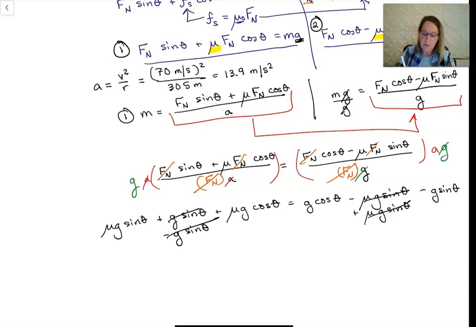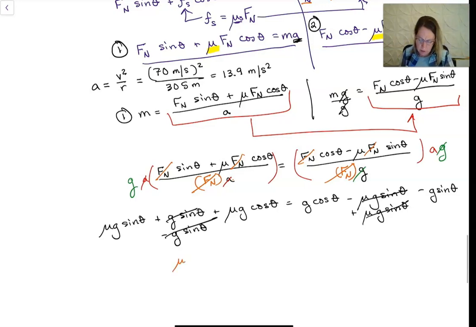Okay, so finally I have mu g, oh, I should have canceled out all the g's. Sorry, we had g's. No, we don't have a g on this side. My bad. We have an a. I need to fix my expressions here.